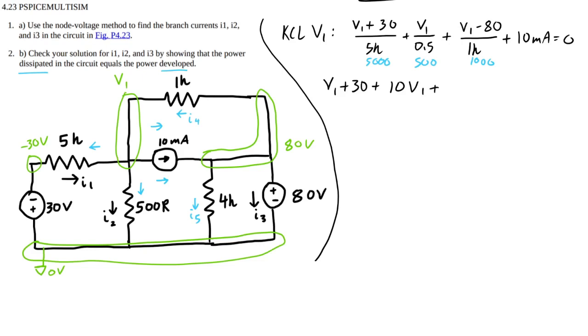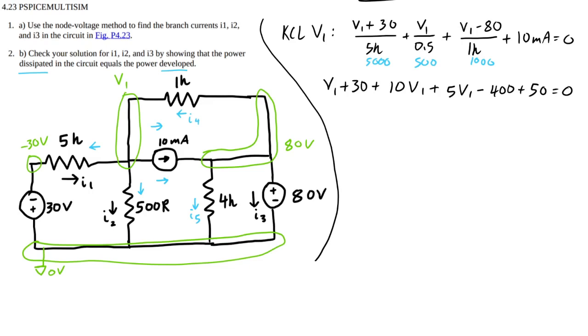plus 5 V1, or minus 80 times 5, so that's 400. And then 10 milliamps, so 10 milli times 5K, that's 50 milliamps. Or not 50 milliamps, sorry, that'd be 50 volts, because we're turning everything into volts. All equals 0.